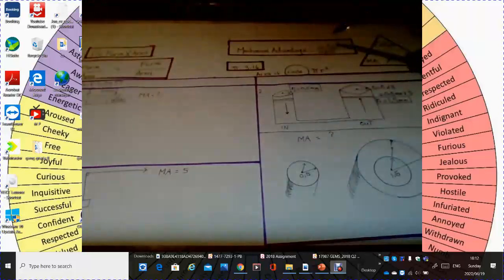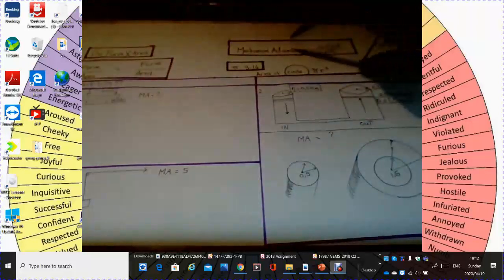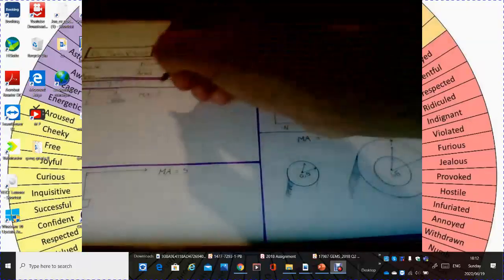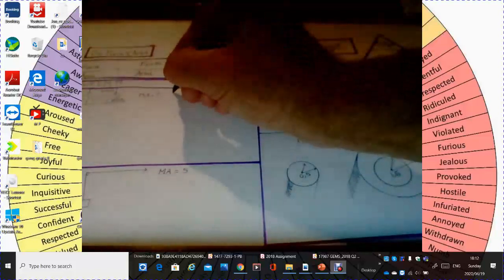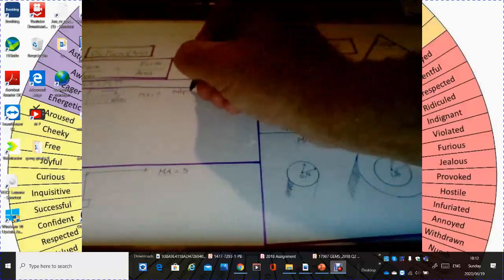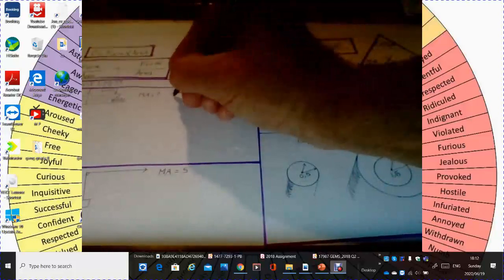Please keep these two in mind. Our mechanical advantage is our output over input. So from that, we can get that our output is our MA times our input, which we'll come to later. Always write down your formulas so that you don't get lost.